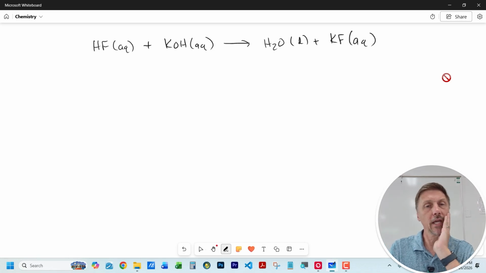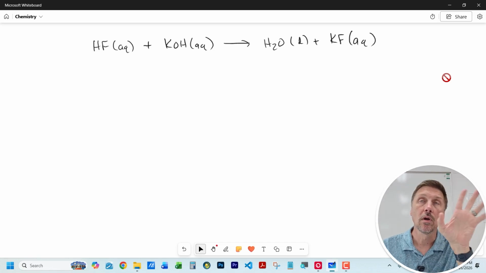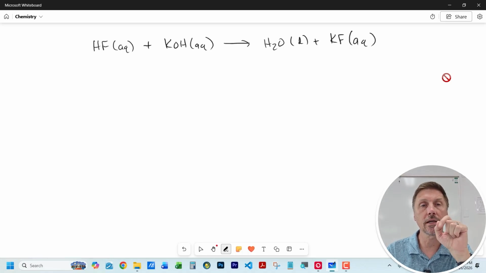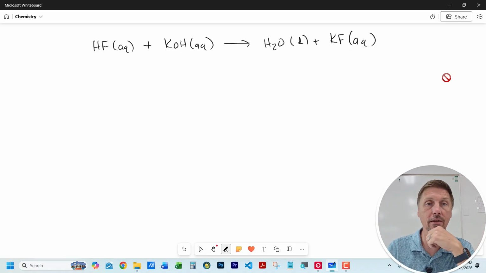And so which one's the acid, which one's the base? Well, remember, our first rule was if we have an ionic compound, and this one's ionic because it begins with a K, and it contains the hydroxide ion, that will always be our base. So this is our base, this is our acid, right?